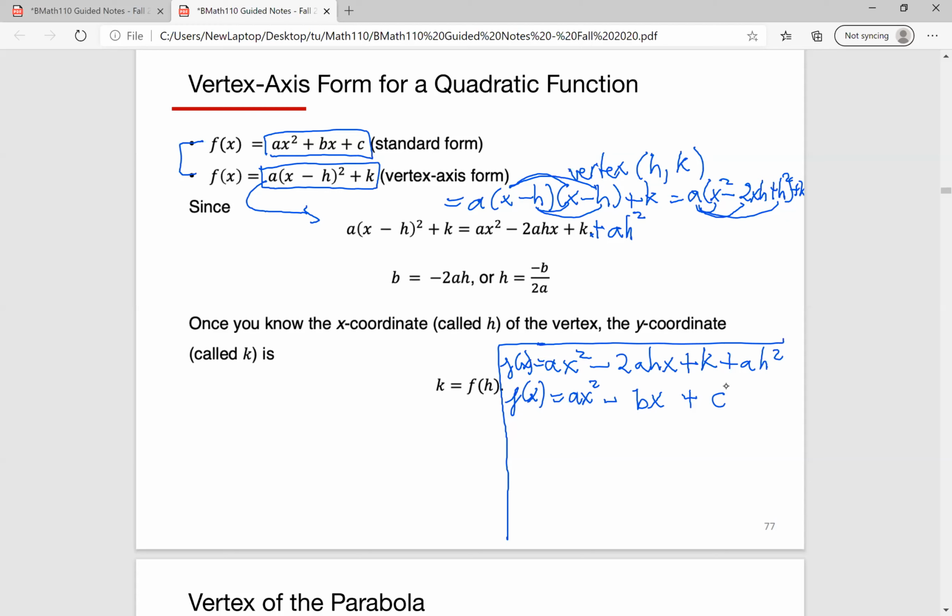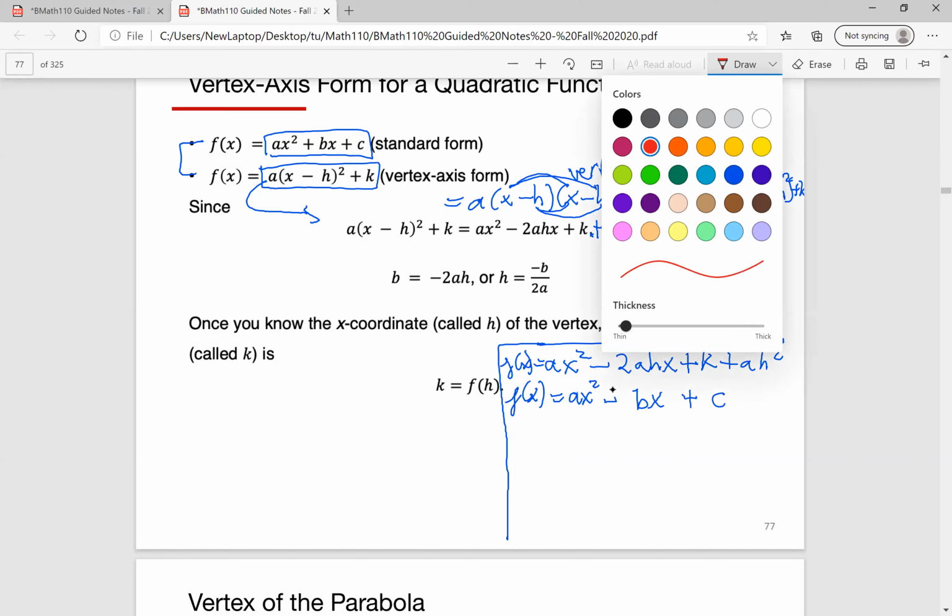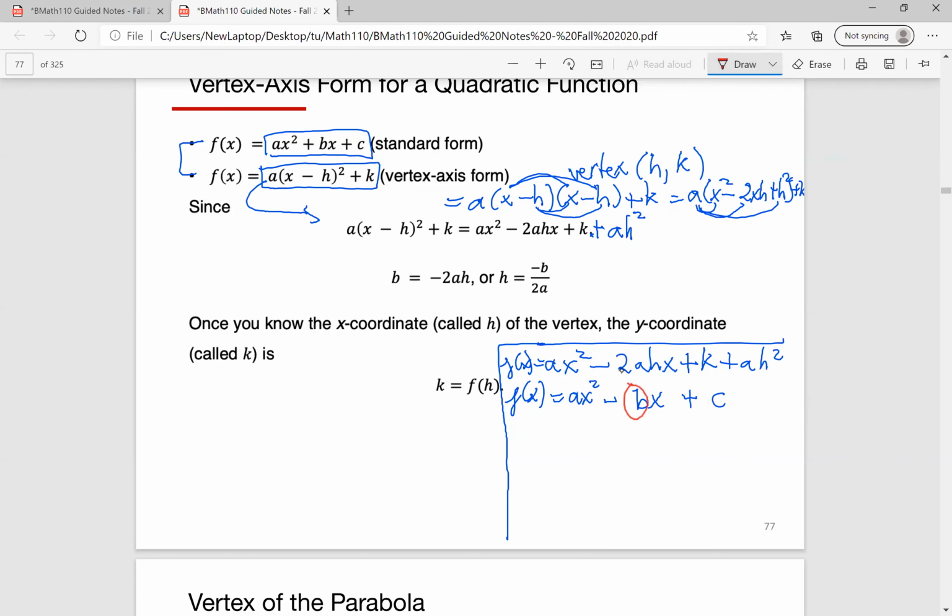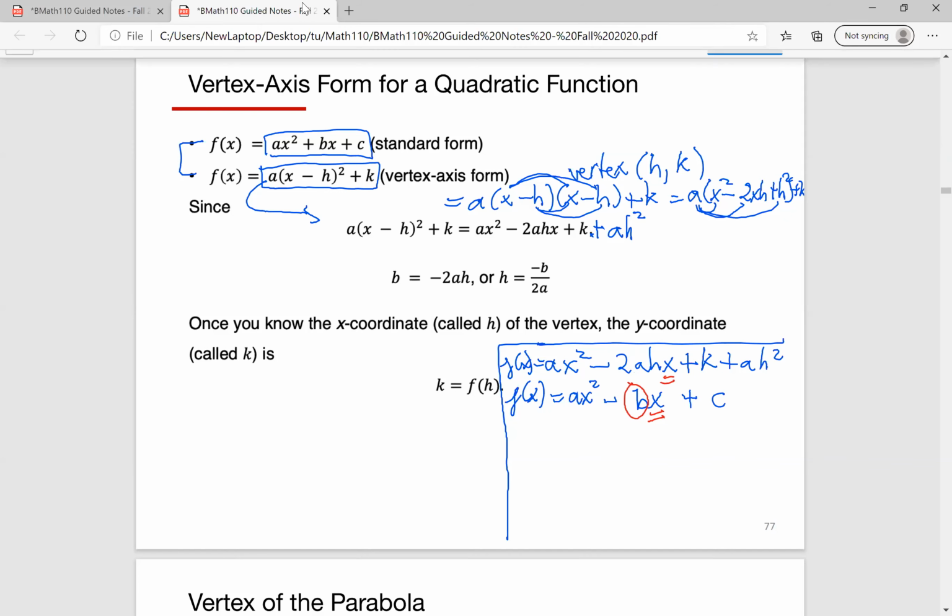In this case, you will see that for b, it should be equal to the coefficient of the term with x only.